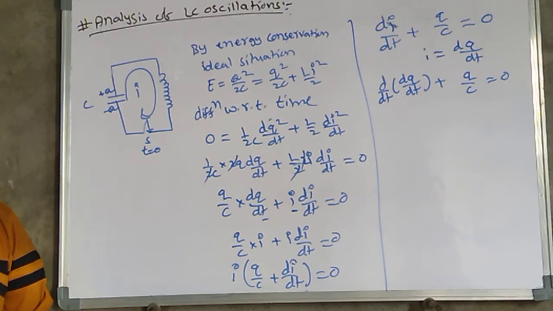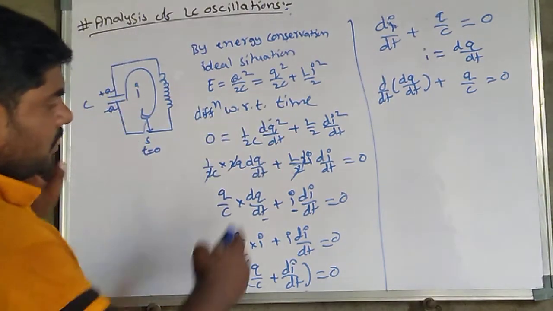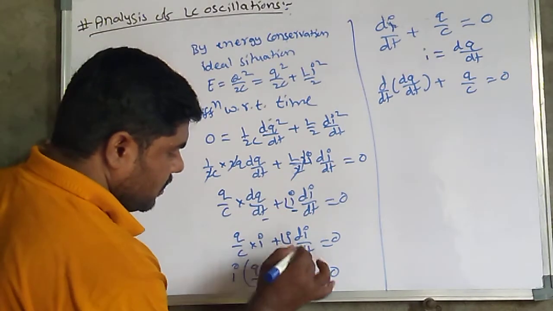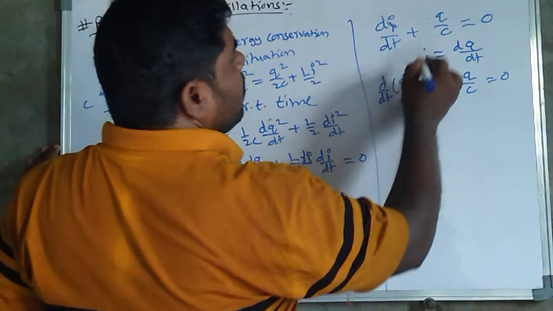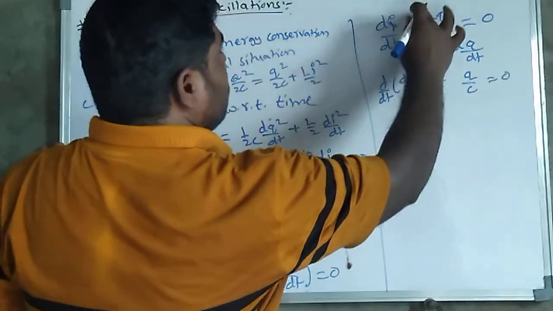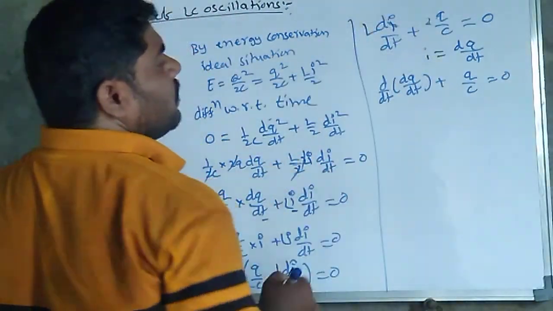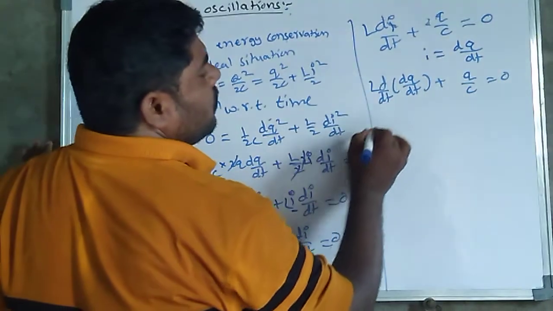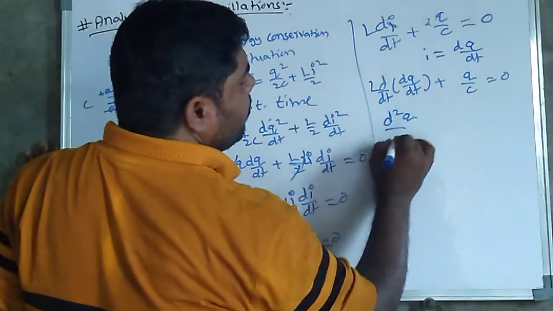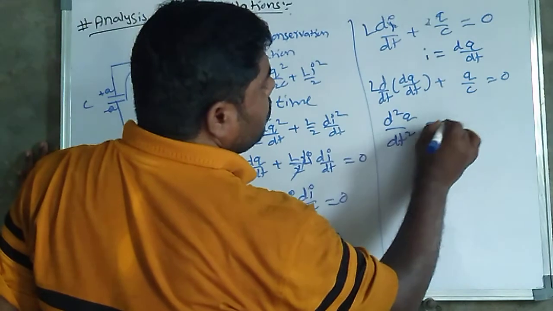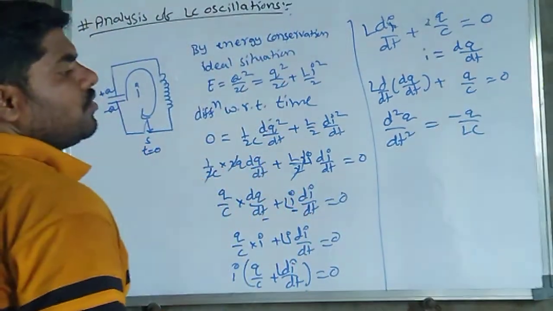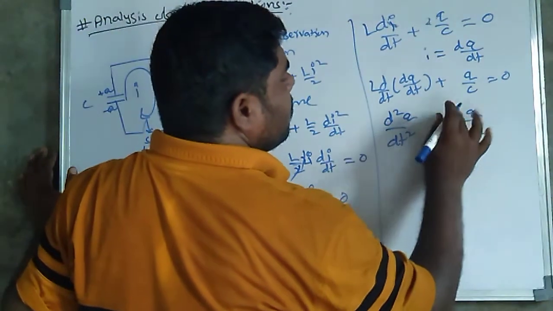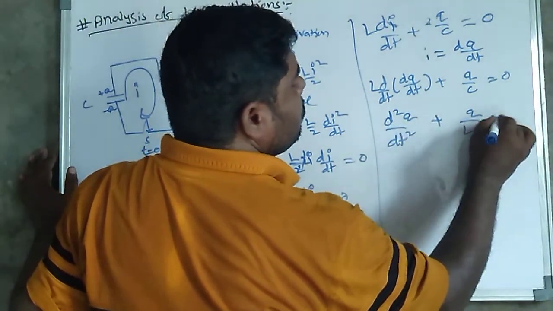Sorry, L is missing here. So L into d squared q by dt squared is equal to minus q by C, or L d squared q by dt squared plus q by C is equal to 0.